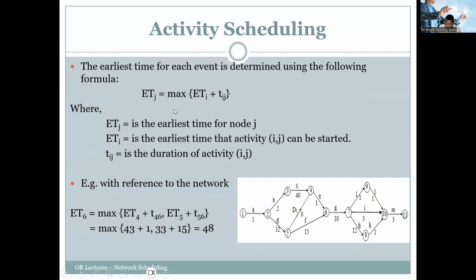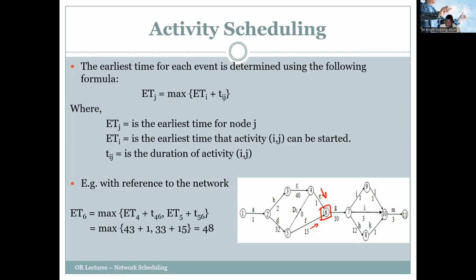However, sometimes a node has two incoming paths. Let's say for node 6, the earliest time is coming from node 4 and also node 5.